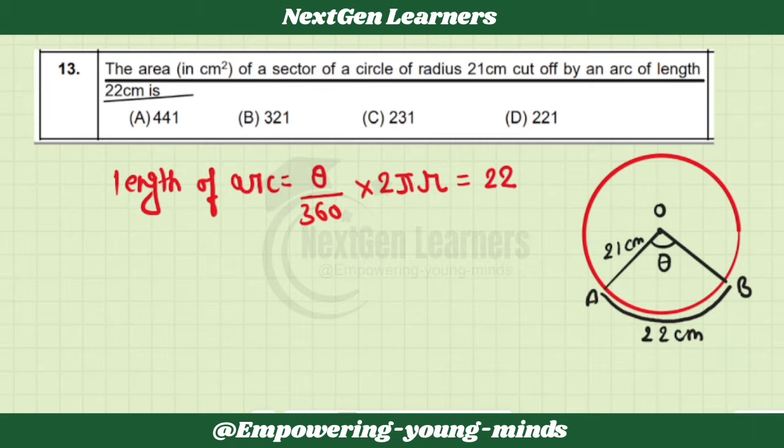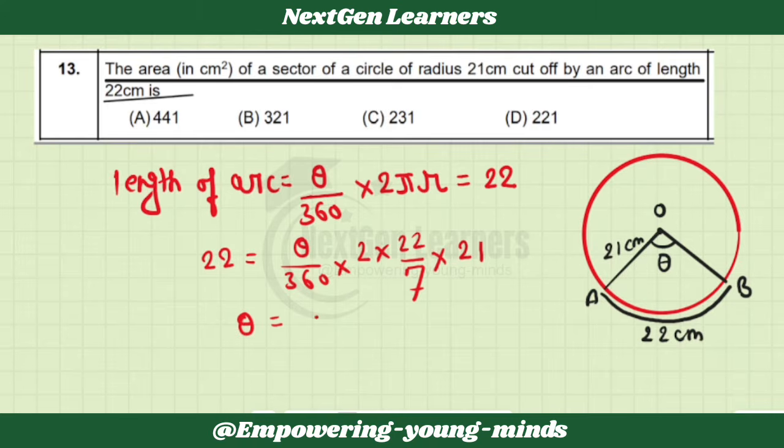Now if I solve this, I'll get 22 is equal to theta upon 360 multiply 2 multiply pi value 22 upon 7 multiply r value is given as 21. If I solve this, I'll get my theta's value as 60 degree. Now area of required sector is given as theta upon 360 multiply pi r square.